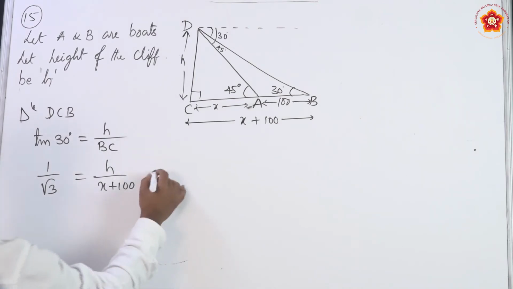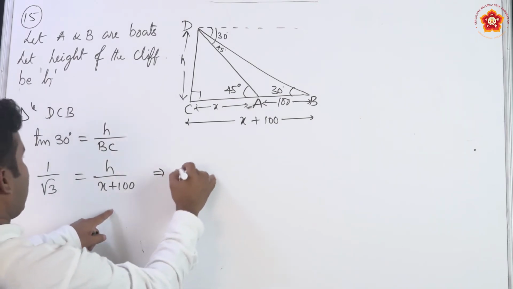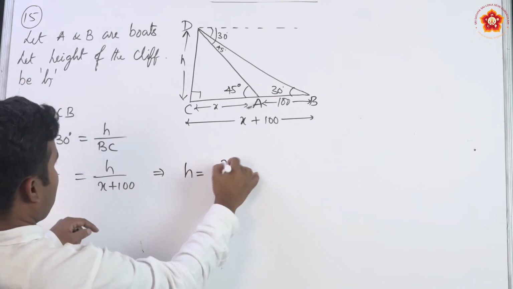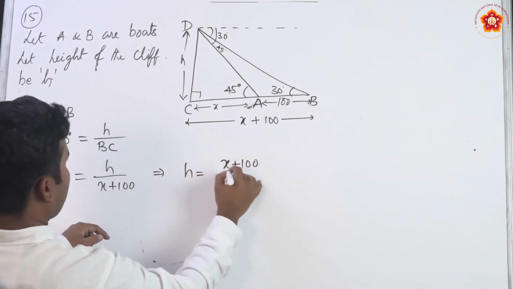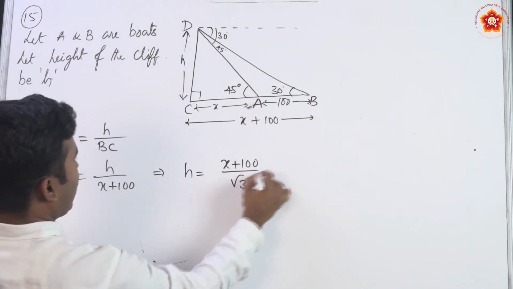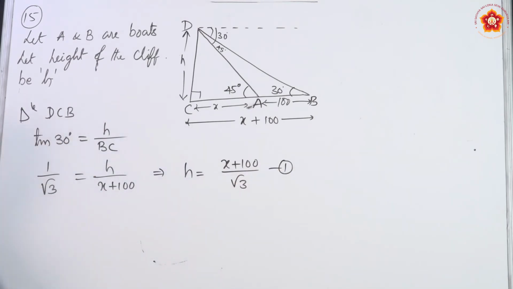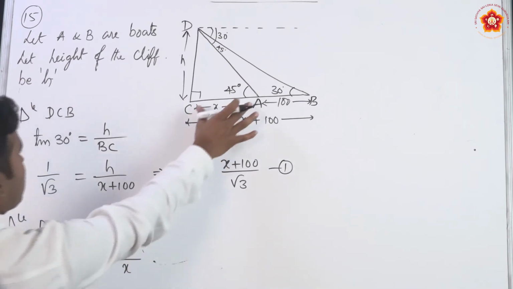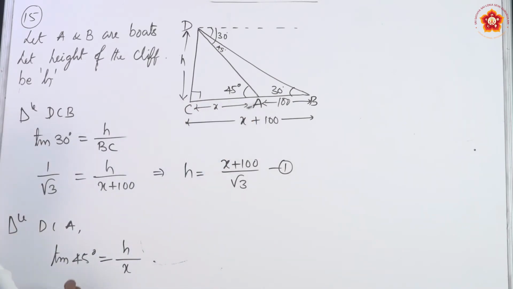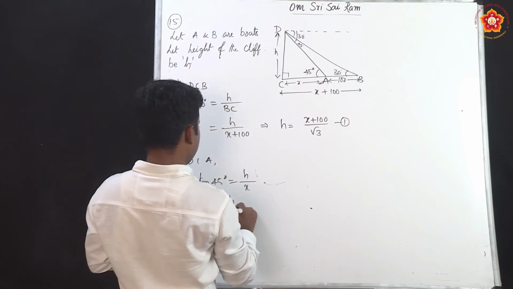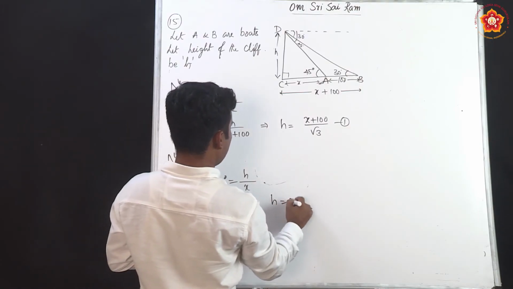So, now from this I can write h as, by cross multiplication, x plus 100 divided by root 3, I can call it as 1, and again from triangle DCA, tan 45 degree is h by x, since this distance is x. So, tan 45 is 1. So, h by x is 1, this implies h is equal to x.